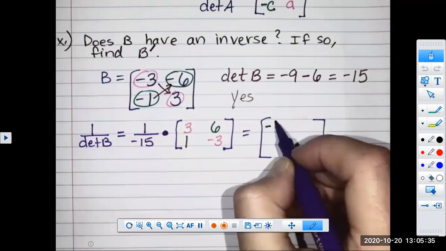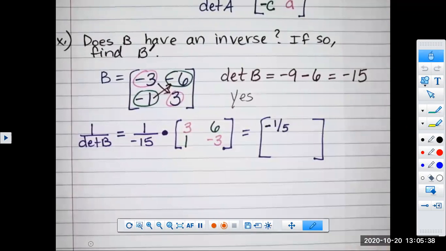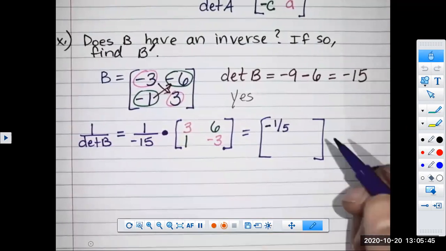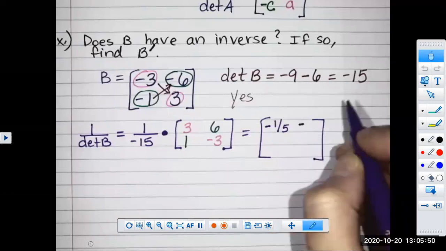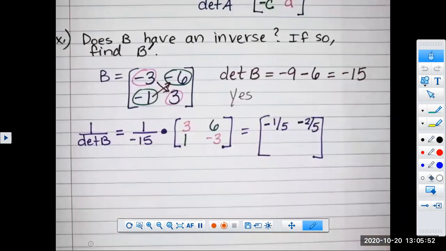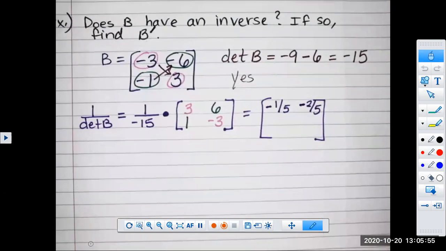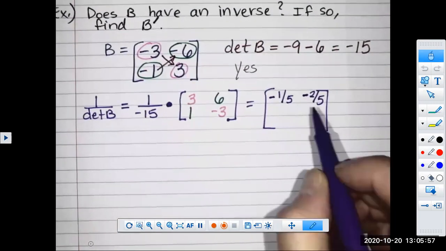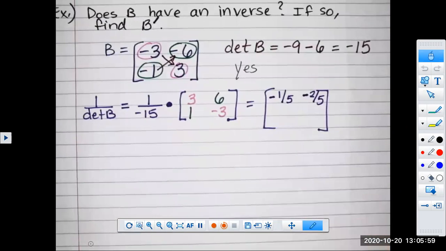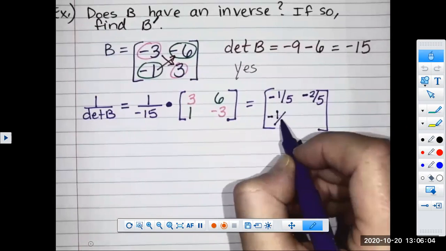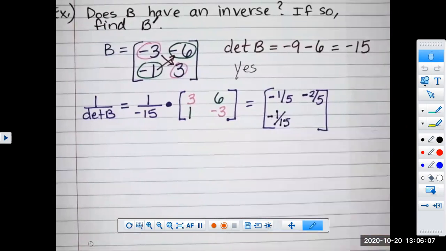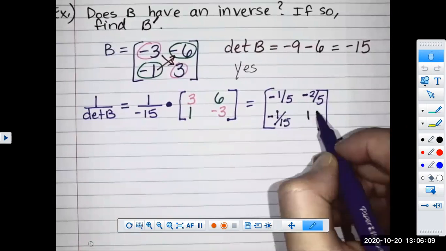Good, -1/5. -1/15 times 6 becomes -6/15, which reduces to what? -2/5. What are your numbers on the bottom row? -1/15 and +1/5.